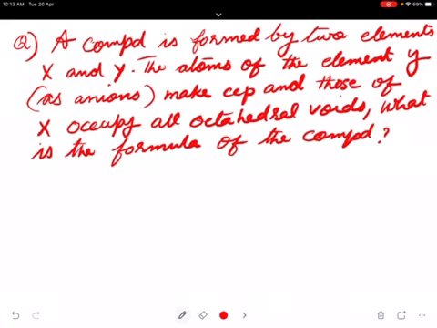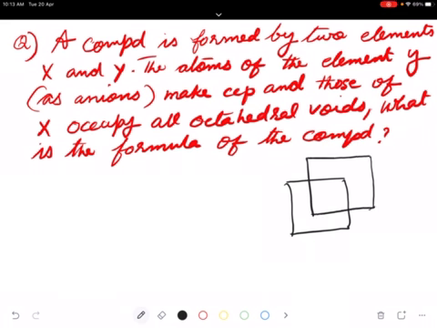Atoms of element Y make CCP means, I'm drawing a CCP. CCP means FCC only, so I'm showing an FCC.